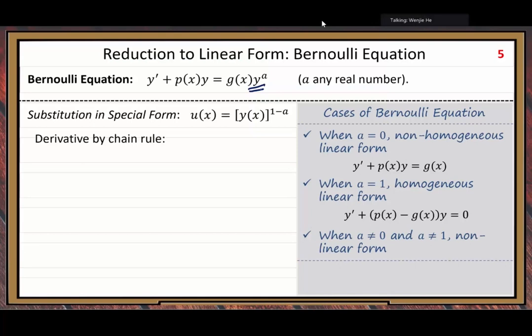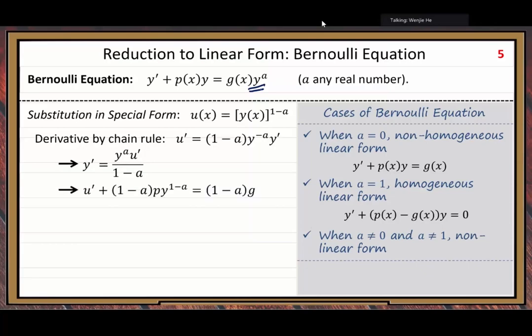Derivative by chain rule. So then let's take u prime, the derivative by chain rule. U prime equals that. Then we write y prime in this form. Then let's go back to the original equation after cancellation, because we can do some division, right?